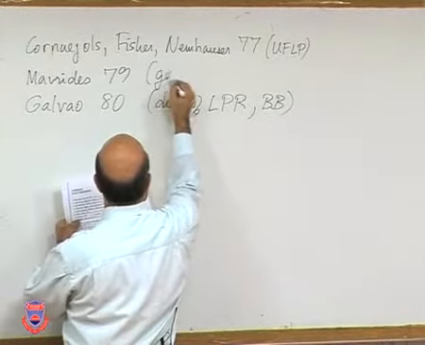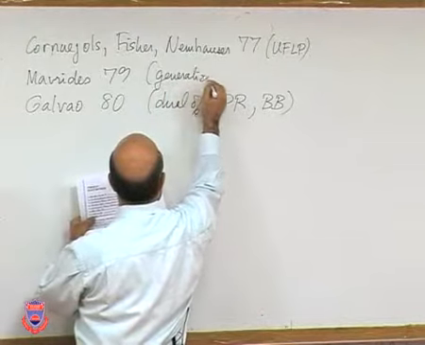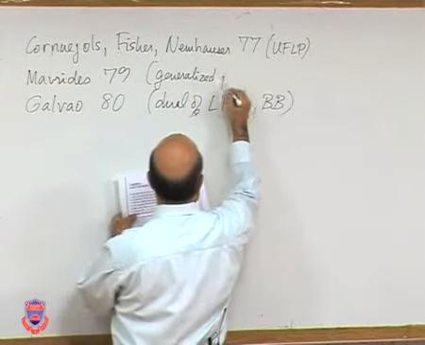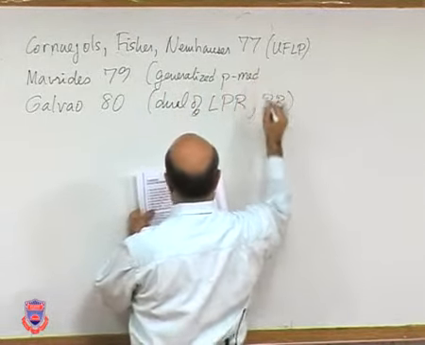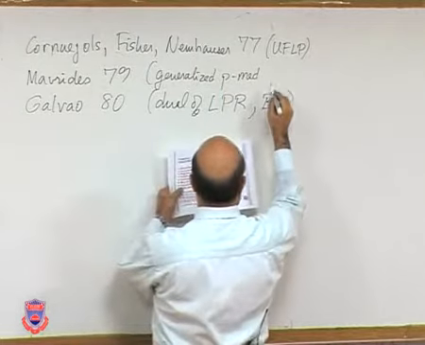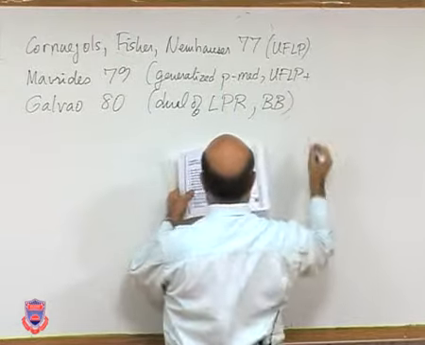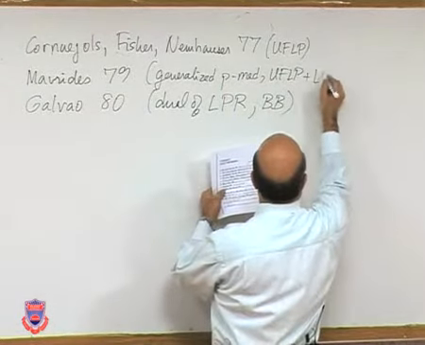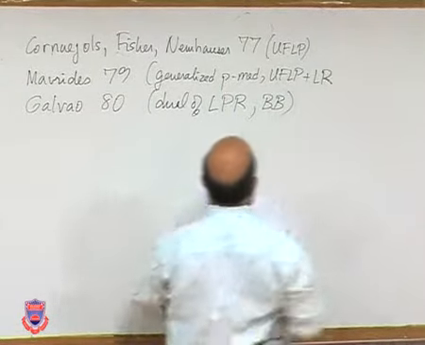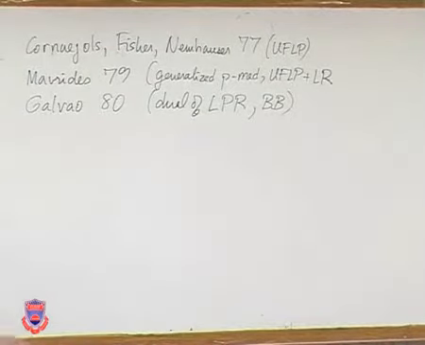So this guy generalized the p-median to a somewhat more general problem, and he used the uncapacitated facility location solution procedure plus Lagrangian relaxation.